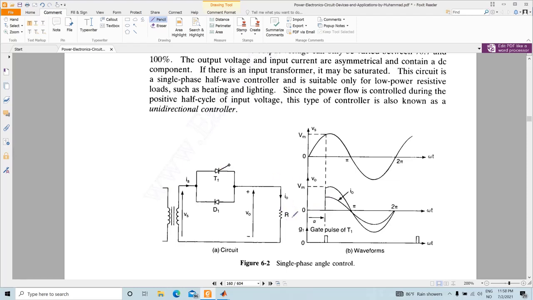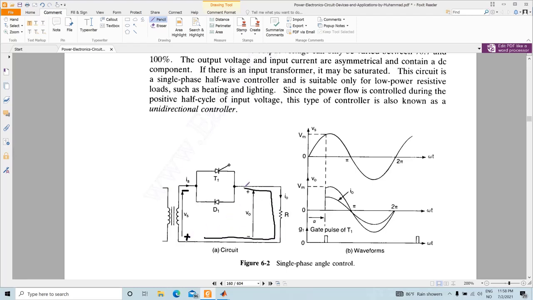As this is a resistive load, the output current will follow the voltage. That means the current and voltage zero crossings will be at the same place, and as a result this thyristor will cease to conduct at 180 degree, and after 180 degree the polarity will reverse in the input. So this will be negative and this will be positive, and then this diode will conduct.